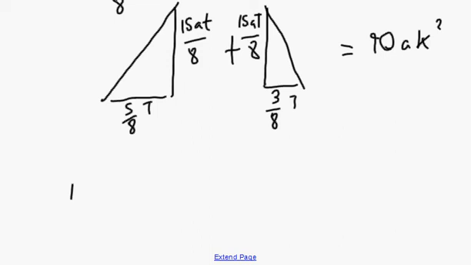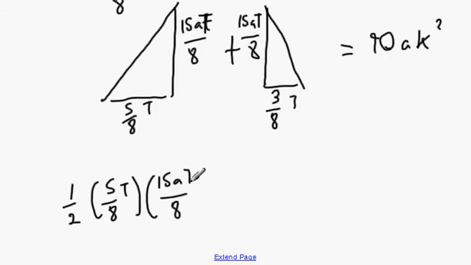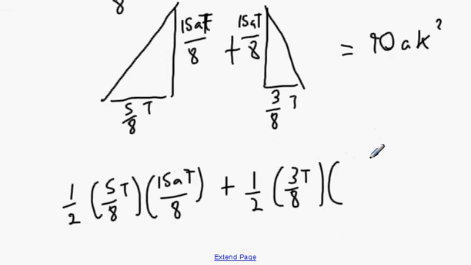So it's going to be a half base by height, so a half, 5 over 8 T, and this is capital T by the way, times 15at divided by 8, plus a half, 3 over 8 T, multiplied by 15at over 8.